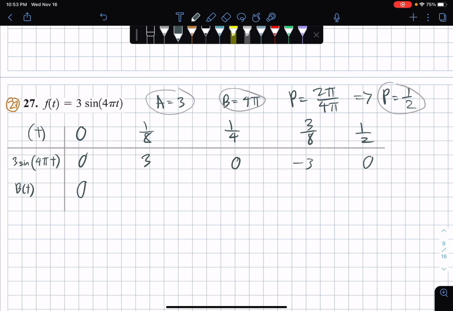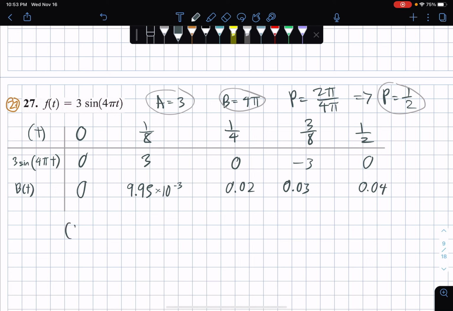I'm sorry, wait. I made a mistake in the calculator. So we have 9.95 times 10 raised to negative 3. Next is 0.02, then 0.03, 0.04.